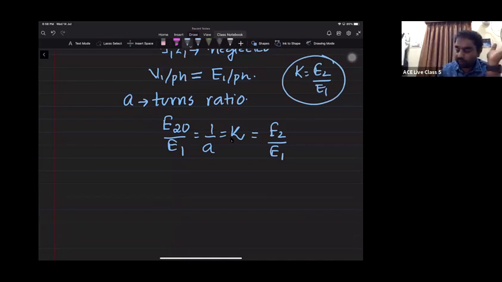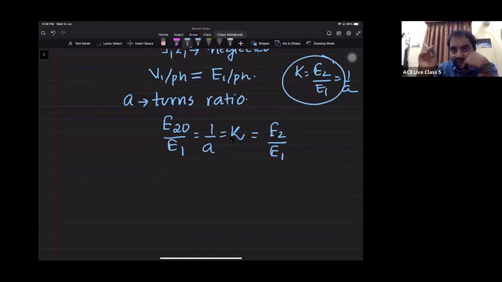This is nothing but 1 by A also. But in case of an induction motor, we have two voltages in the rotor circuit. One is the standstill voltage, E2 naught. The second one is the running voltage, E2. So while finding this ratio K, I need to choose E2 naught by E1 or E2 by E1.